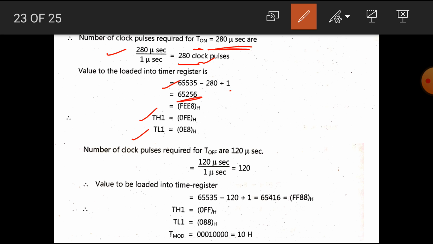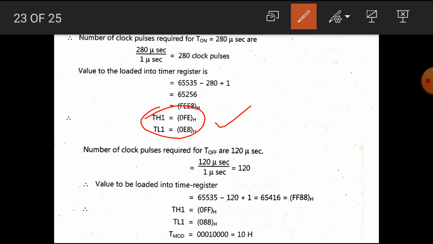We get the value 65,256, and we have to convert it into hexadecimal. Its hexadecimal value is FE8, where TH1 has the value 0FE and TL1 has the value 0E8. I hope now you are familiar with how to calculate these values.